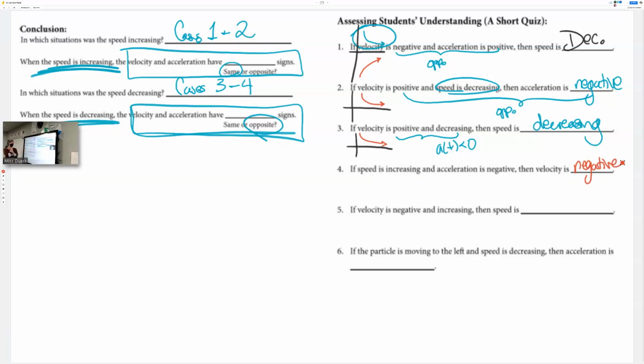The speed is increasing and acceleration is negative. Remember, for speeding up, slowing down, I need to check the signs of the velocity and the acceleration. So as soon as I see increasing, I should think same sign. They have to be working together. Acceleration saying, come on down, and velocity is like, I'm coming.